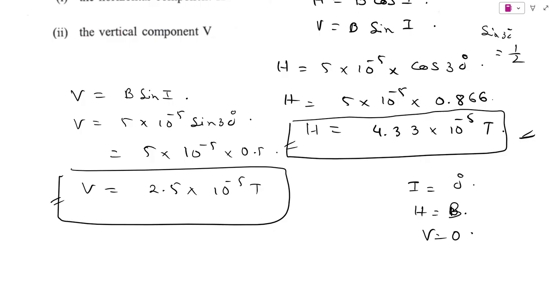At the magnetic poles, I equals 90 degrees, then H equals 0 and V equals B, so the magnetic field becomes completely vertical. Our location has I equal to 30 degrees, so both horizontal and vertical components exist, with the horizontal component being larger.